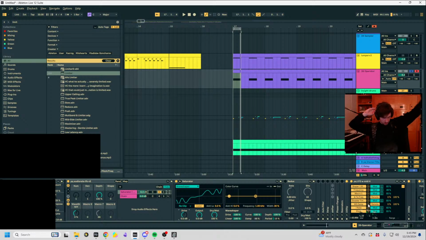Jesus Christ, you can make a whole new rack with just audio rate modulating each of the individual parts of the saturator. Which I guess if... oh shit, that's cool. If you audio rate modulate the saturator, you're just changing the shape of the wavefold distortion, right? Because if you audio rate modulate it within one single cycle of its waveform, then that... No, not necessarily, because this is based on amplitude.